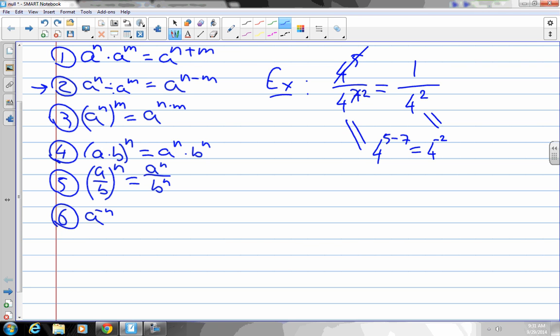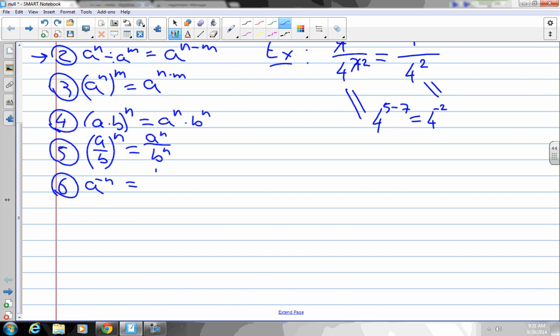That's what they do. So every time you see a negative exponent, in order to turn it back into a positive exponent, you just take the reciprocal. So a to the negative n is 1 over a to the n.